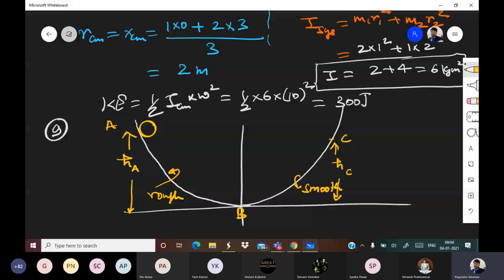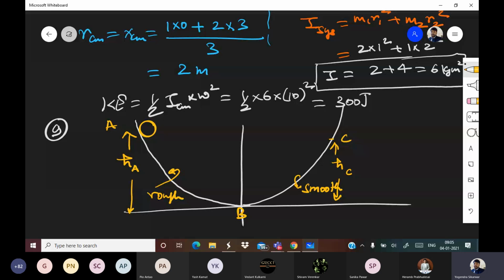First of all, let me tell you, kinetic energy at A is 0. Kinetic energy at B will be maximum and kinetic energy at C will be lesser than B. So KB is maximum, then comes KC, and KA is 0.